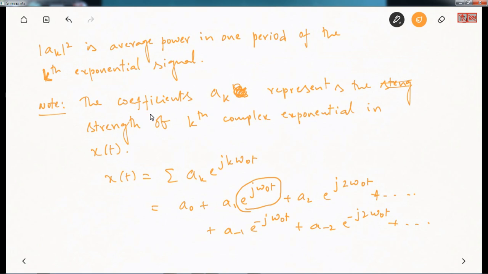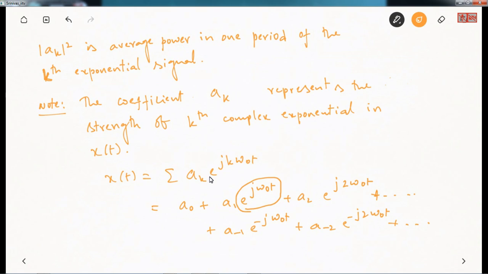So the quotient ak represents the strength of the kth complex exponential in x of t, right?